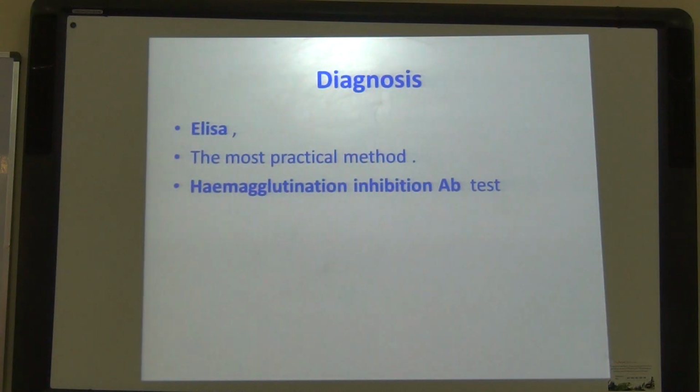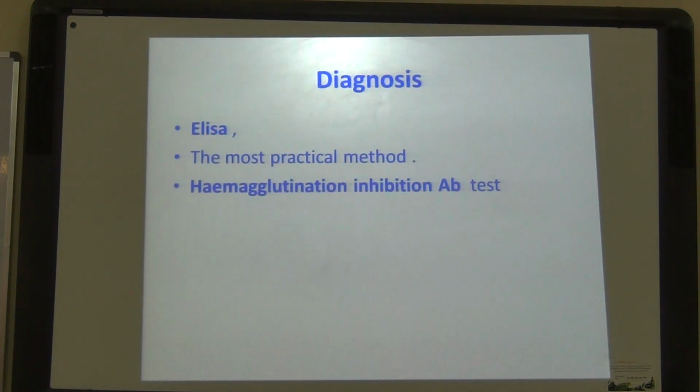Then again, ELISA is an important method of detecting antibodies. For viruses which have hemagglutinins on their surface, the method is known as the hemagglutination inhibition antibody test, in which the patient's serum is reacted with known viral antigen.